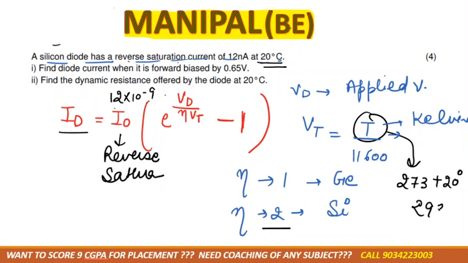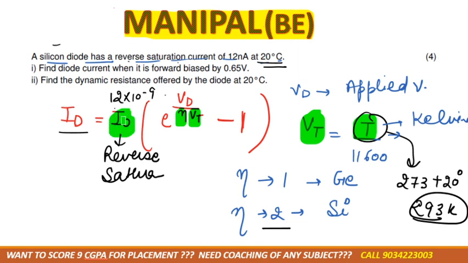So this becomes 293 Kelvin, right? We can put in the value, then we'll get VT. VT is known, eta is known, I naught is known. Now they said find the diode current when it is forward biased by 0.6 volt, which means the diode voltage is given as 0.6 volt. So everything is given. Now we need to calculate ID.